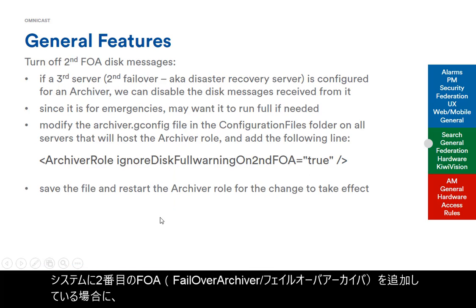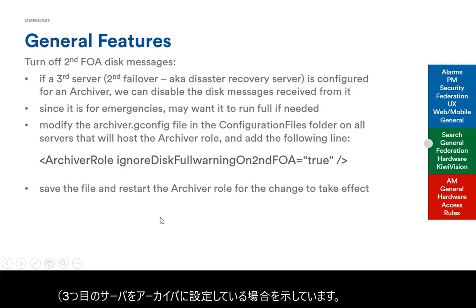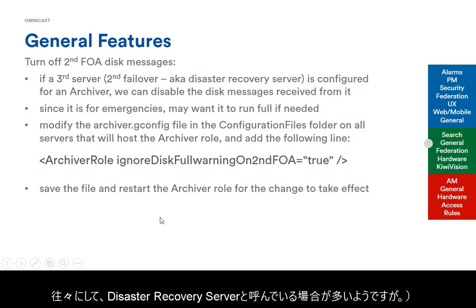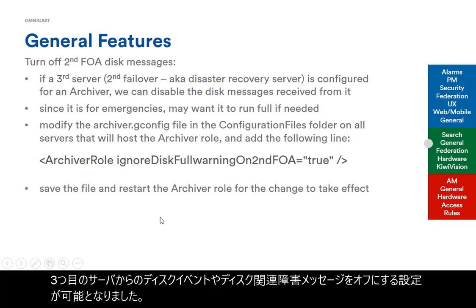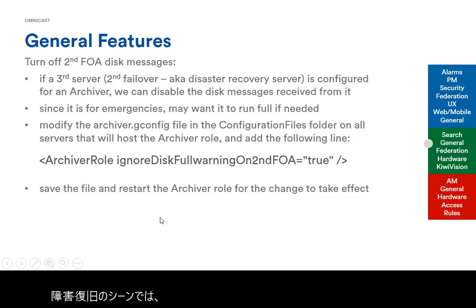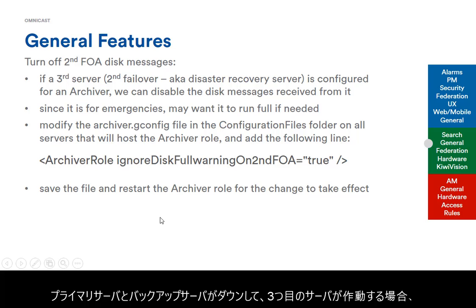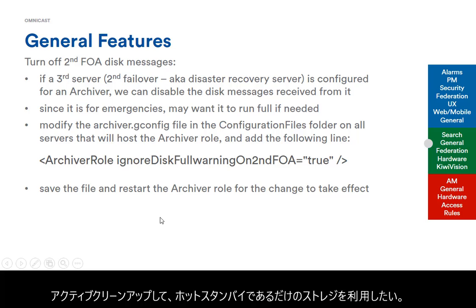Another general feature is if we have a second failover server set up for our archiver, so basically a third server set up for the archiver, typically known as the disaster recovery server, we may choose that we don't want to hear about any disk problems or disk full messages coming in. In a disaster recovery situation, when your primary and your backup servers are down and you're running off your third server, you might run it hot.